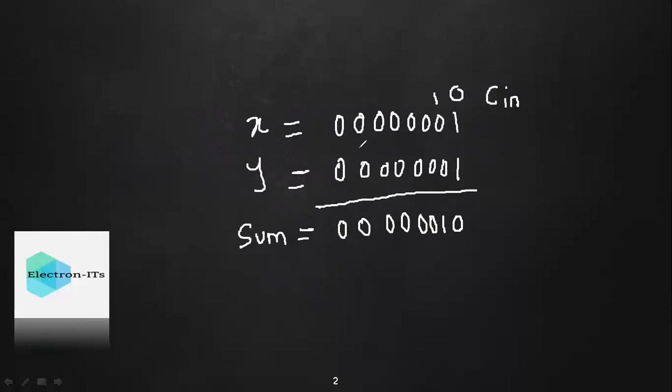But if any carry is generated at the output, it will be placed here. In this case there is no carry generated, so this carry out place is vacant. That means the value here is 0. So this is the carry out place. Actually your output is more than 8 bits, right?